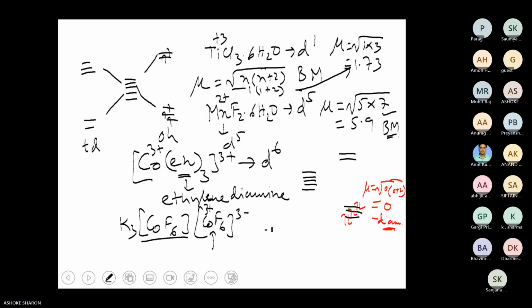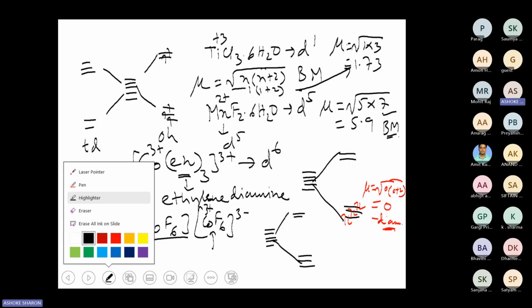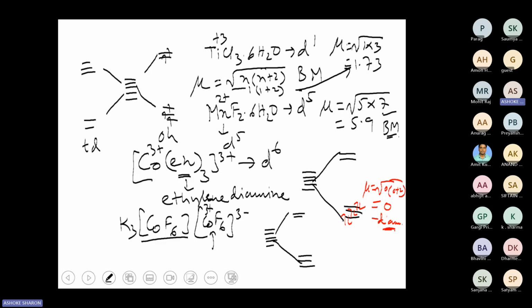So being a weak field ligand, it will give rise to a high spin complex. Its initial electronic configuration was like this: 1, 2, 3, 4, 5, 6. Right now it is 1, 2, 3, 4, 5, 6. So there are a total of 4 unpaired electrons. So in this case, mu is equal to root over 4 into 4 plus 2, which is equal to 4.92 Bohr magneton.